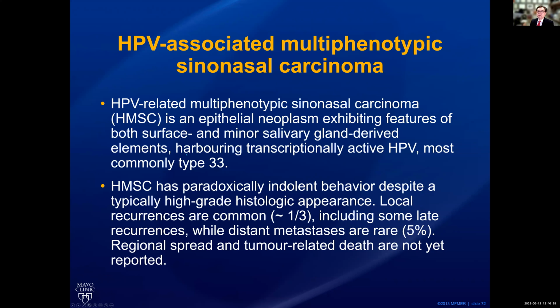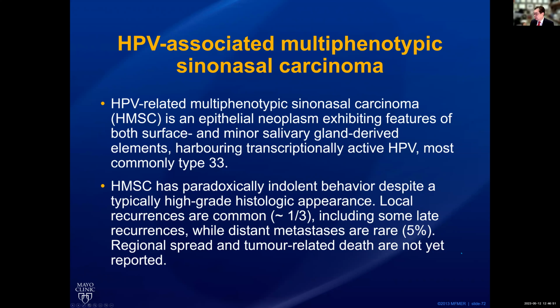And we know there are more than 200 HPV types, right? For HPV-induced oropharyngeal carcinoma, most of them are HPV 16, 18, right? And now 33 is responsible for multiphenotypic carcinoma.